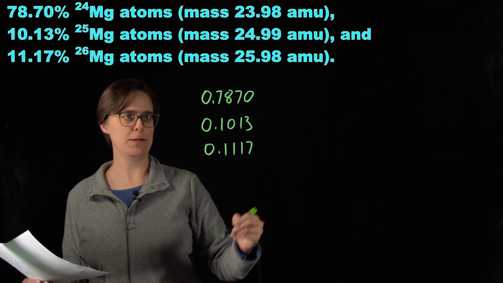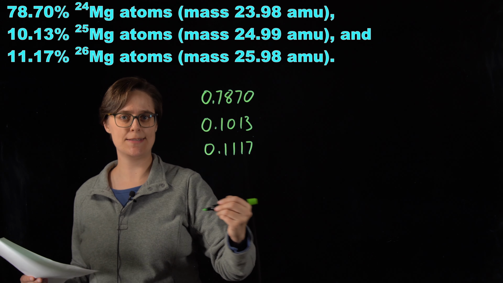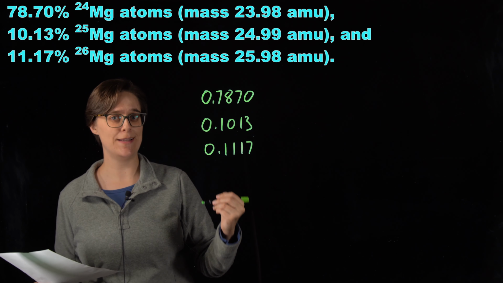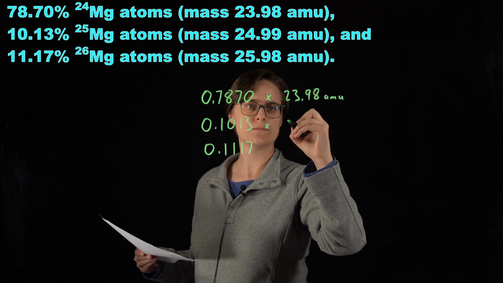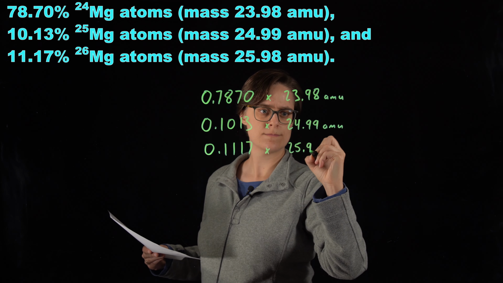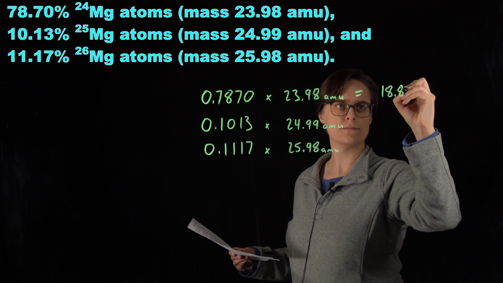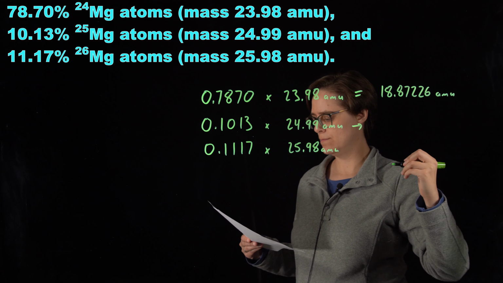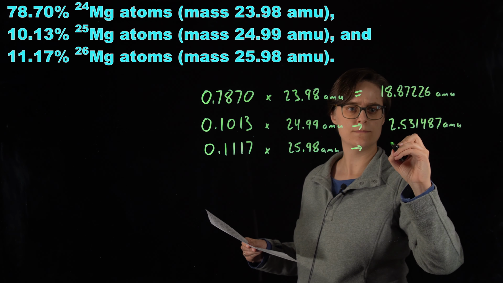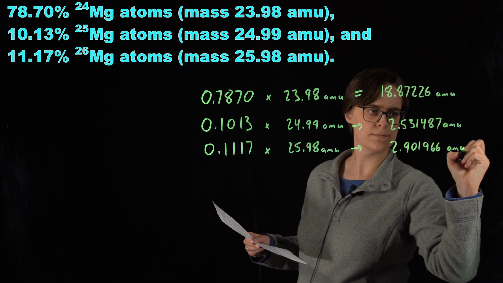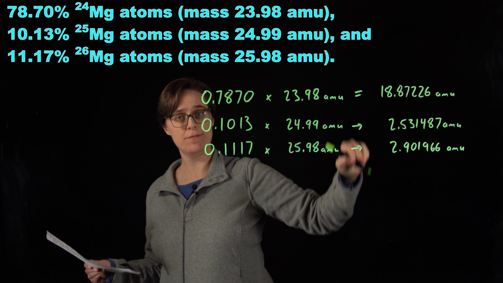In our second step, we need to multiply each of these decimal abundances by the associated mass. Let's evaluate these. And our third step is to find the sum of all of these values.